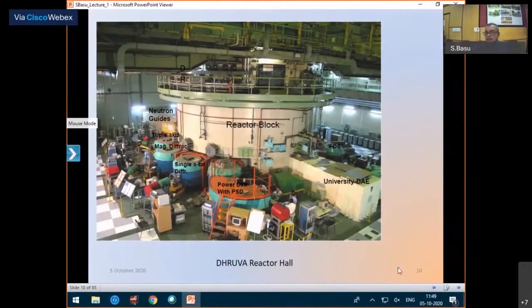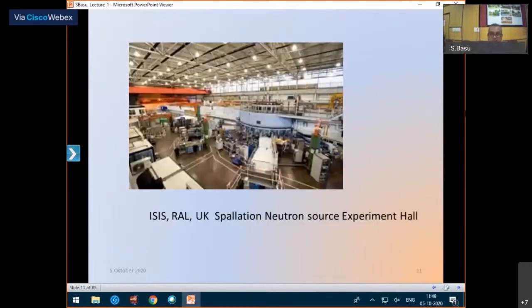Similarly, this is the experimental neutron hall of ISIS, Rutherford Appleton Laboratory in the UK. There is a spallation neutron source in which a proton beam bombards a target like tantalum and generates lots of neutrons, not through fission, but through a reaction called spallation.